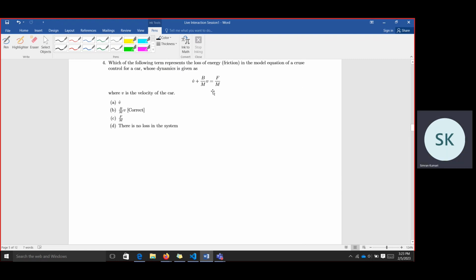So we'll be seeing ODEs, V dot or Y dot, something of that kind. We are saying dynamical system, that means there will be some energy storing, like memory, integrators and all. Okay, fine. So the term which represents loss of energy in the model equation of, this is the quiz, cruise control.